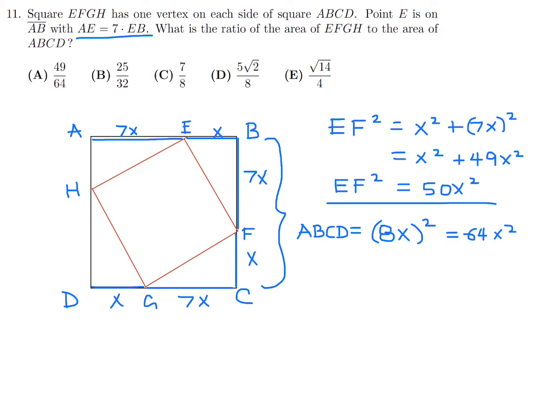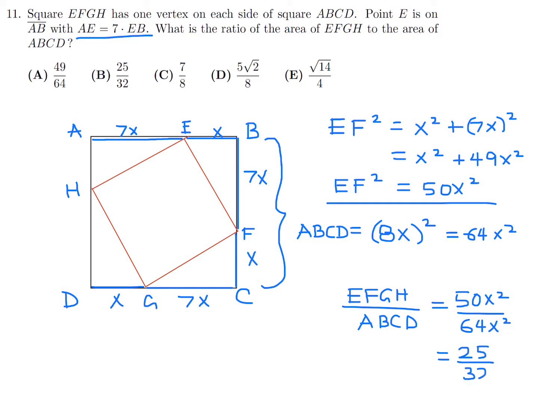So now they want the ratio of EFGH to ABCD. So that is 50X squared over 64X squared. And that's 50 over 64 because the X squareds cancel. In lowest terms, 25 over 32. And that's it. So 11 is B.